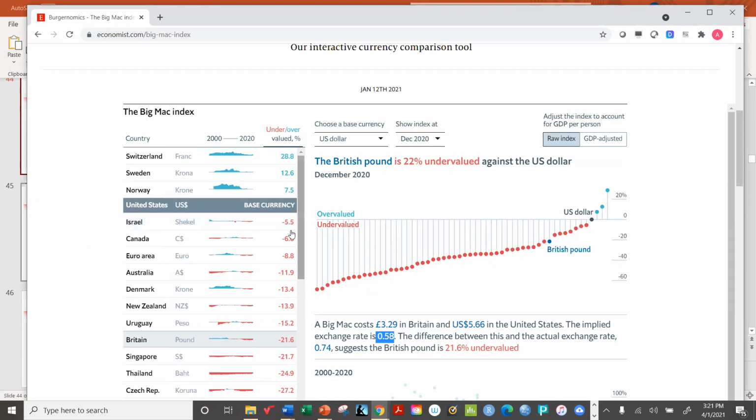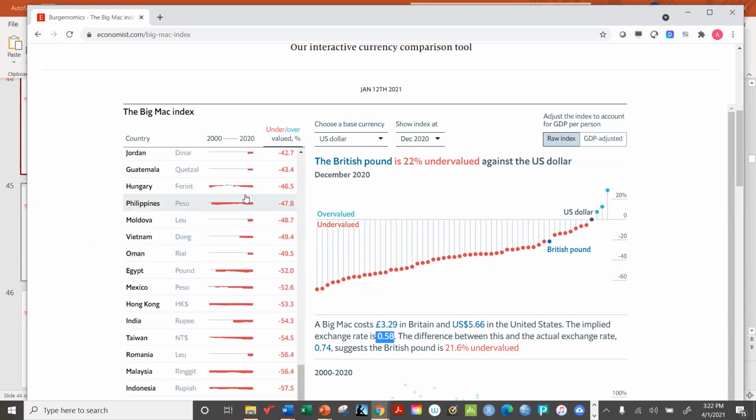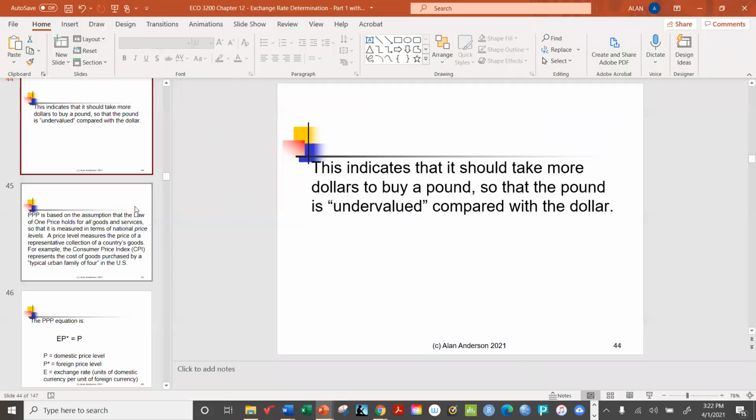Israel is about the closest, only off by 5.5%. They do this every year, and it's the same thing every year. But remember, the Big Mac is a non-traded good, so why would it hold? If the price is different, there's not a whole lot we can do about it.